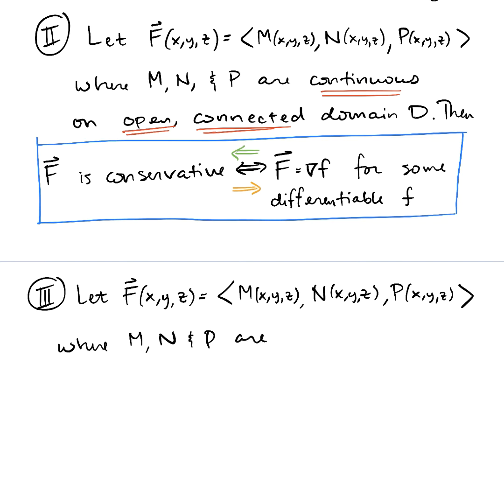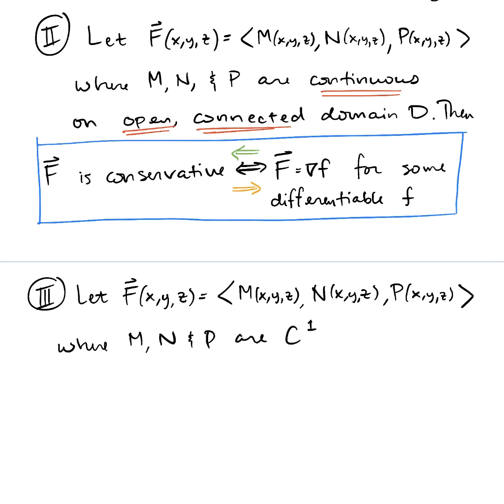All right, now we have to be a little more demanding here in order for theorem 3 to go through. We need big M, N, and P to be a little better than simply continuous as they were in theorem 2 above. We need them to be what's called C1.